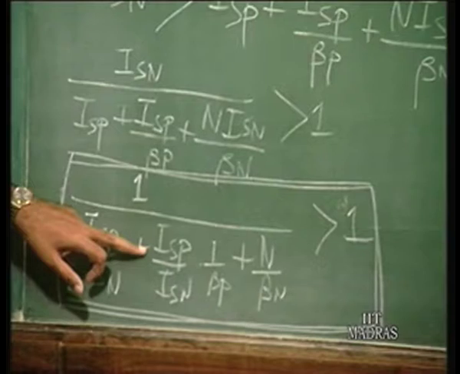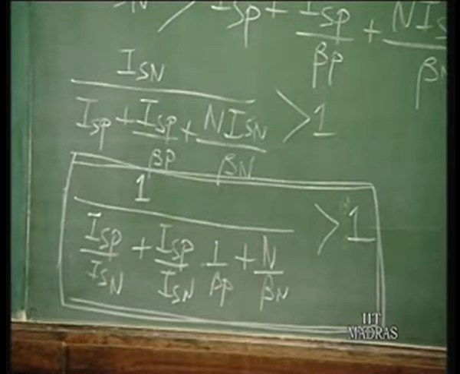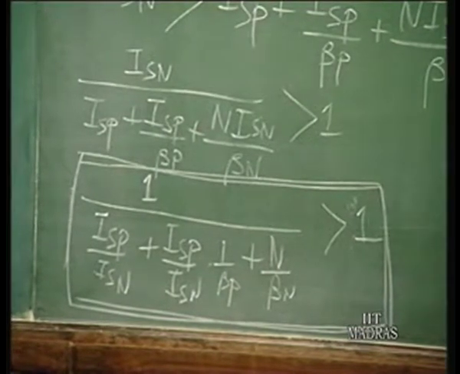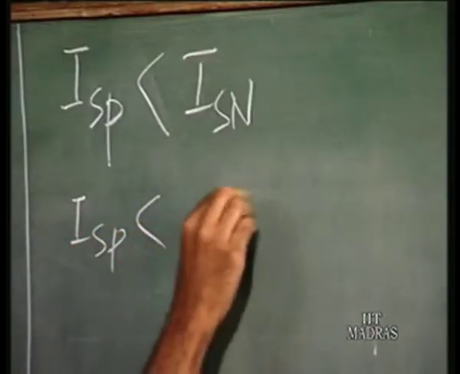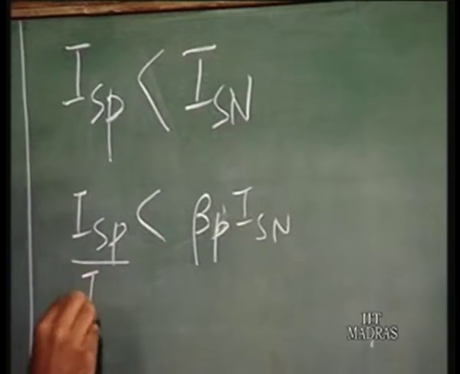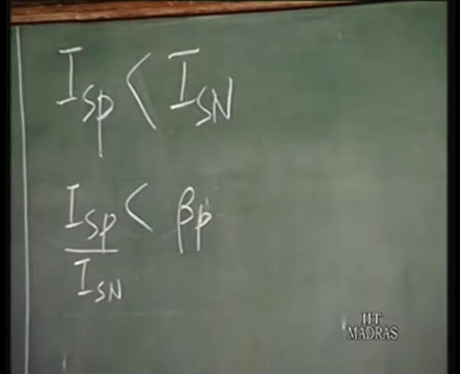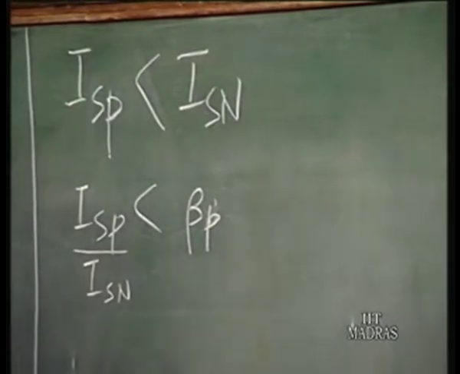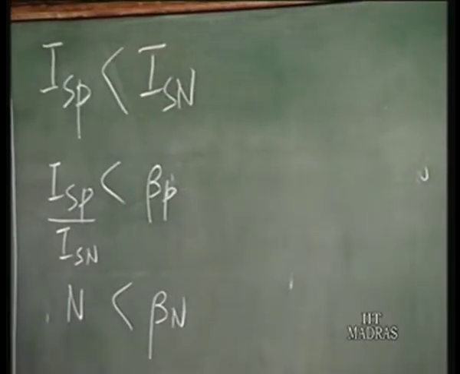So, ISP must be less than beta p times ISN, which means that ISP by ISN must be less than beta p. Also, n must be less than beta n. So, these conditions must be satisfied.